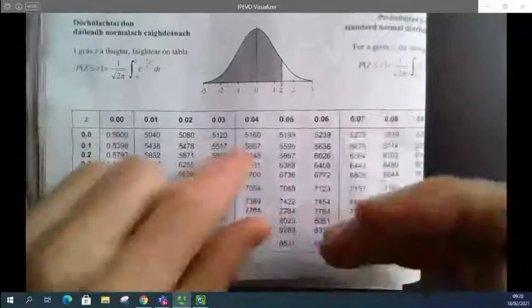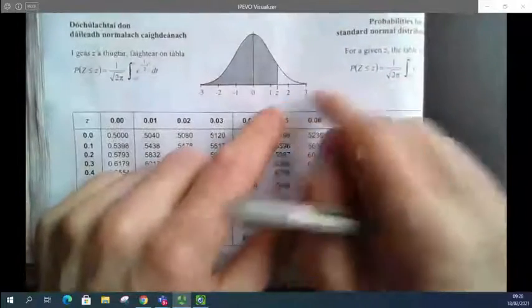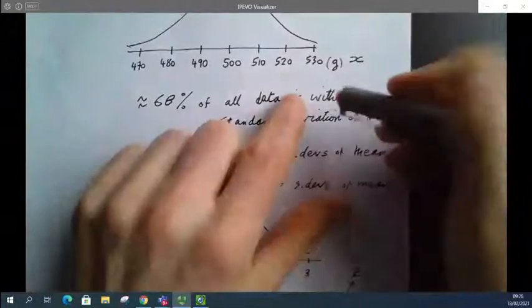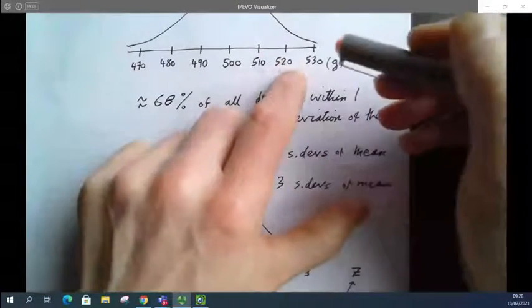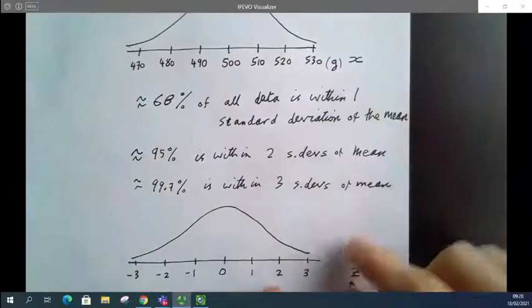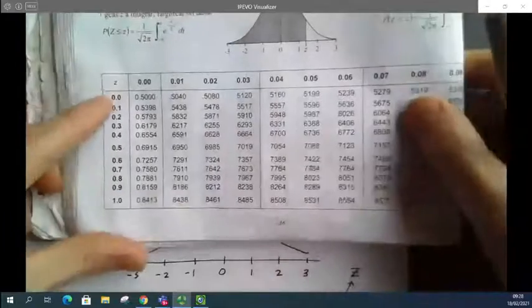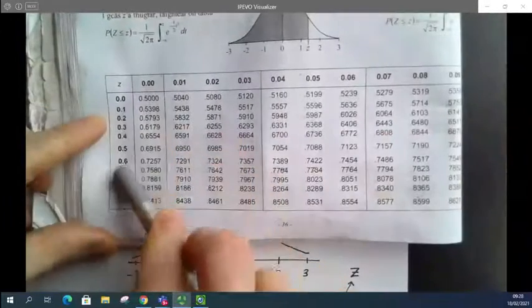But whatever z-score your particular x value has, and let's go back here and think about, let's say 524 grams has a z value of 2.4, then you can find 2.4 on here.